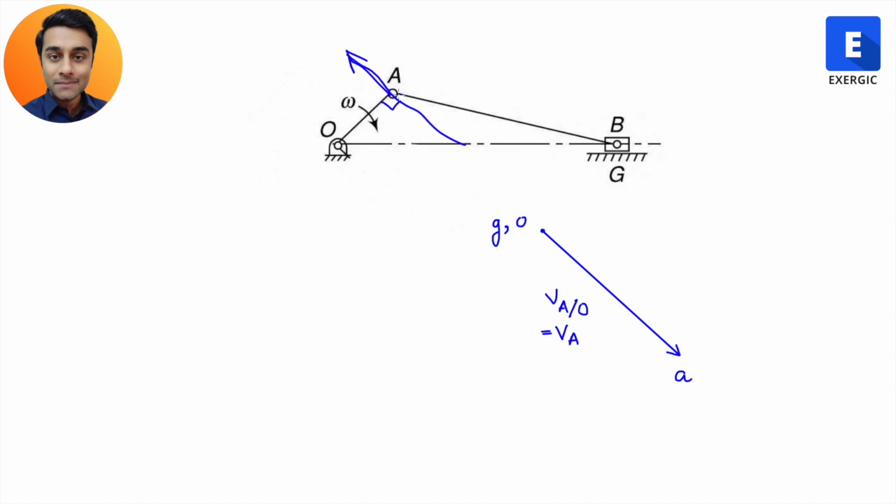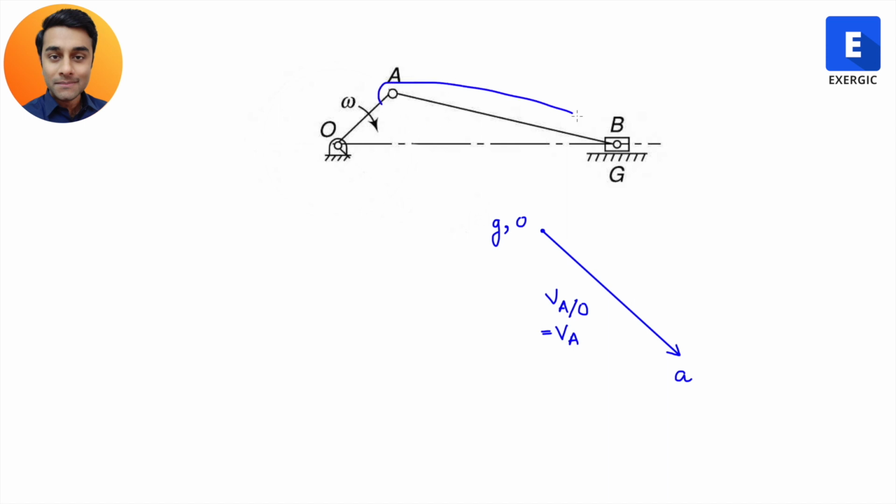Maybe in this direction, maybe in this direction. But since omega is in this direction, the velocity will also be in this direction and not in that direction. Depending upon the magnitude, we have drawn the length. Since in GATE or ESE or any other exam, you will not have a scale with you, any random length you can draw, it is not going to change your answer, trust me. I will show you how it will not change your answer.